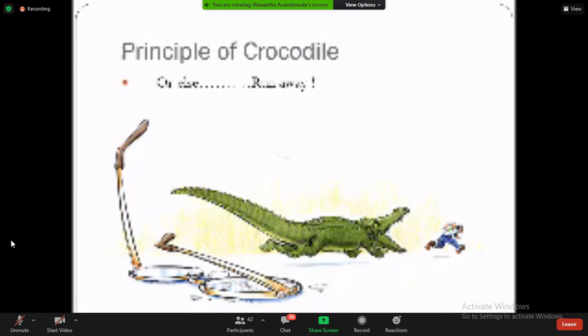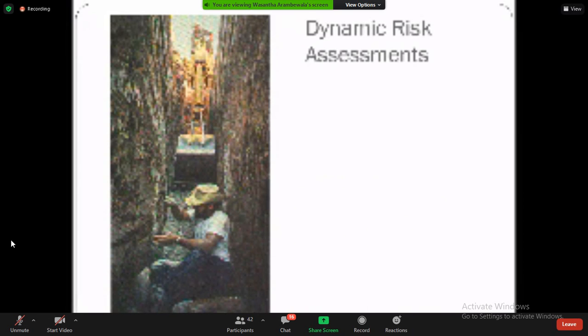Then, we have already covered the process of carrying out the risk assessment. It's very important. There are six steps. I have explained each and every step, how it should be done in a methodical way, right? Then there will be dynamic risk assessment, because sometimes he's excavating, digging the trench using this.